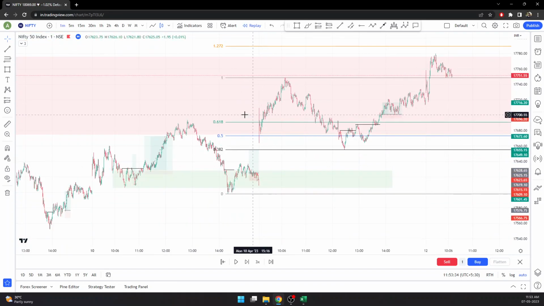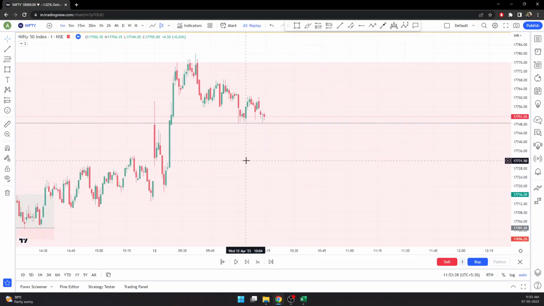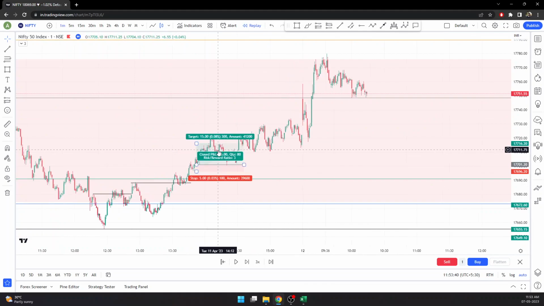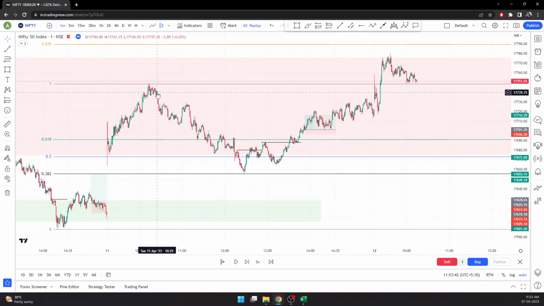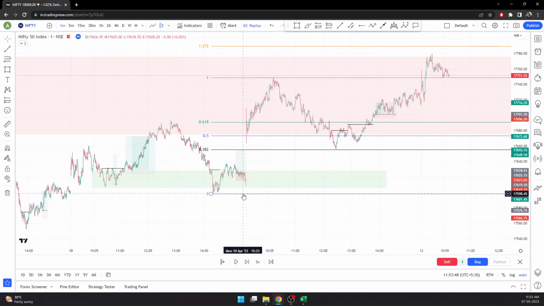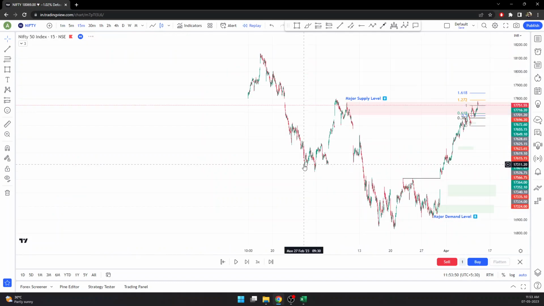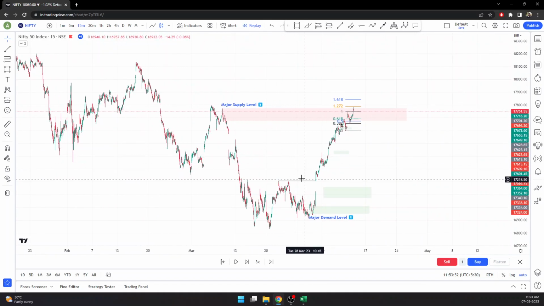With the strong gap up, it broke the earlier high, right? So this is what happens. So we are not currently taking any short trade here. We are only going for long trades, because our main view here is bullish, because it has already broken this major level from below.